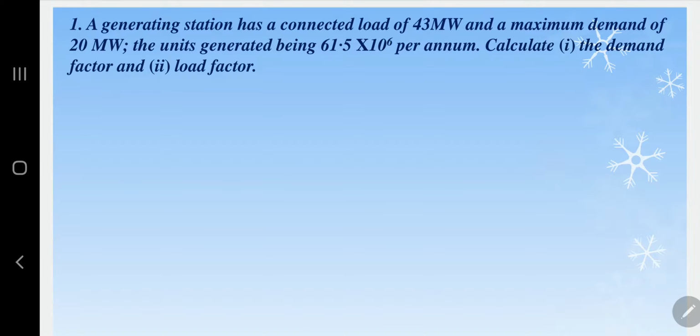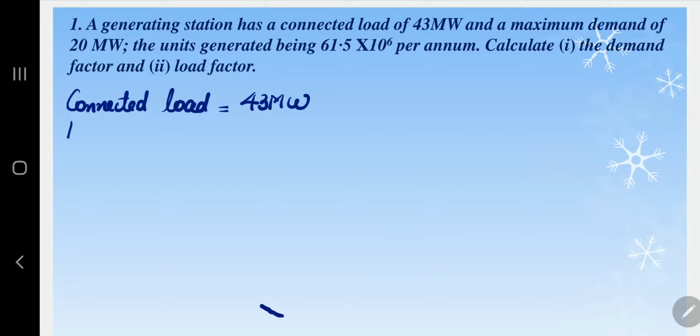A generating station has a connected load. So first of all, let's note down the given data. The first one is the connected load, which is equal to 43 megawatt.